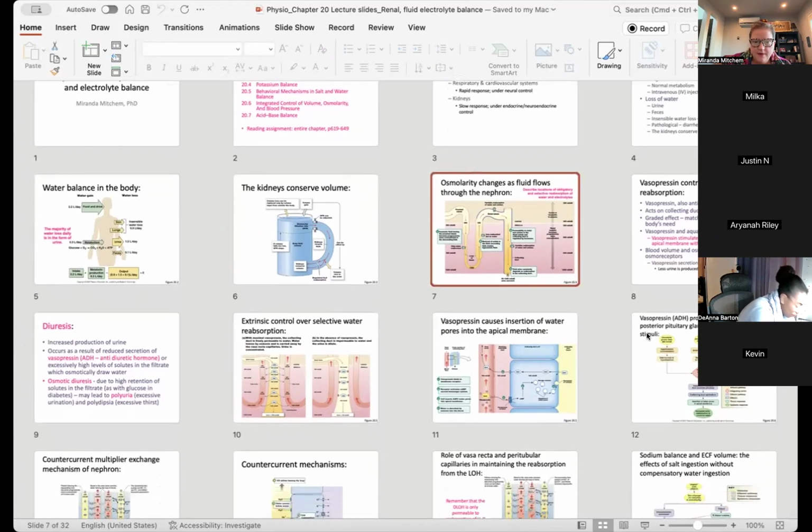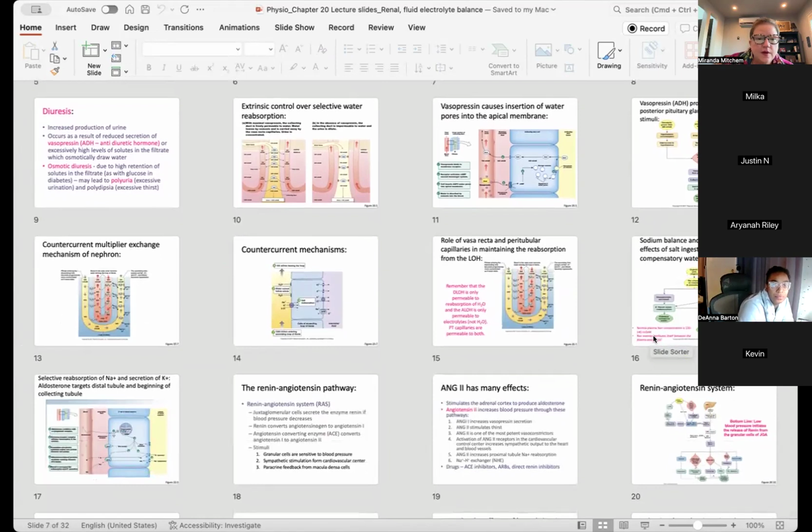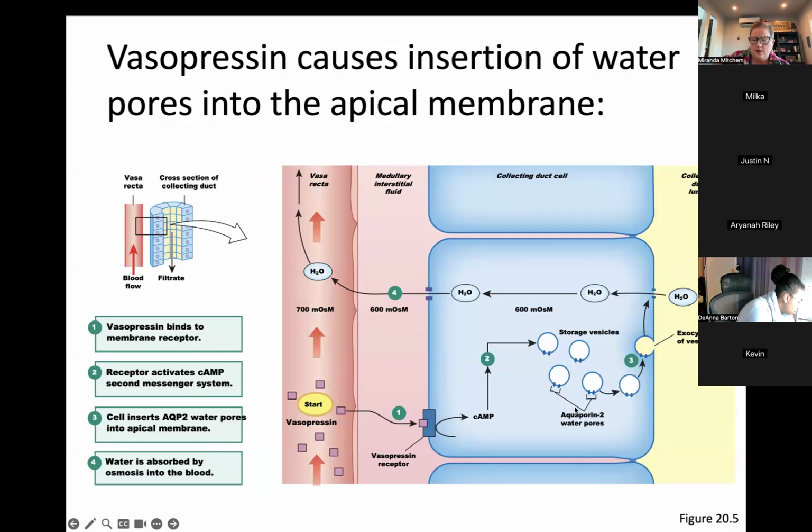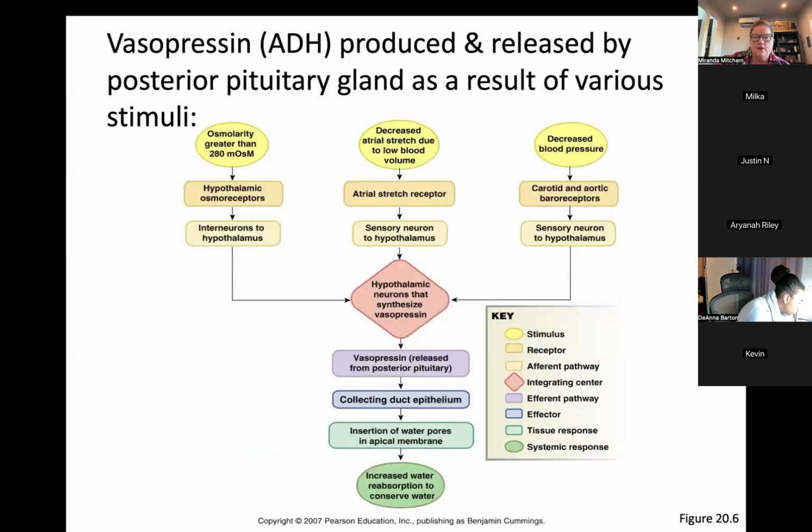Okay, just a sec. Let me find the next slide. Yeah, so here's how we would trigger the vasopressin to be released. So our three signals are a decreased blood pressure, or the stretch receptors in the atria are not firing enough because the blood volume is too little.